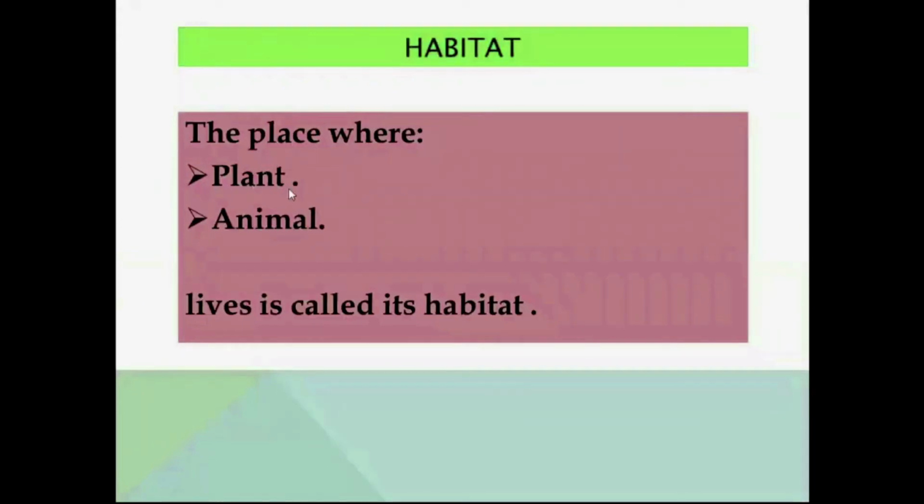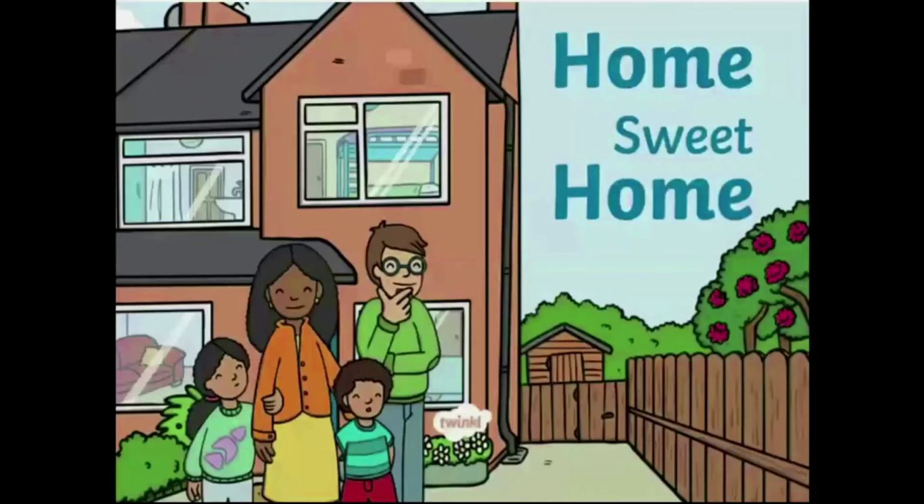Habitat is a place where a plant or animal lives. The place where plants or animals live is called its habitat. Every animal and every plant lives in a different habitat.